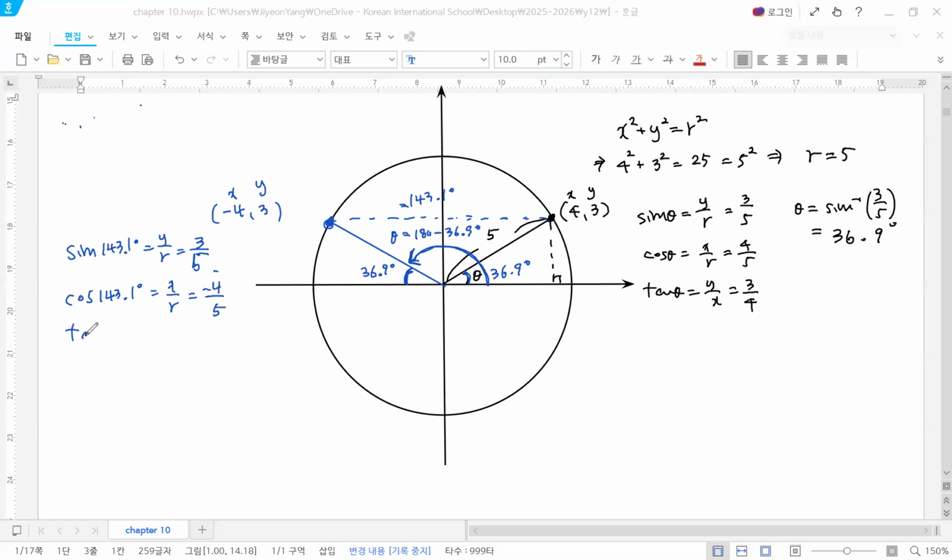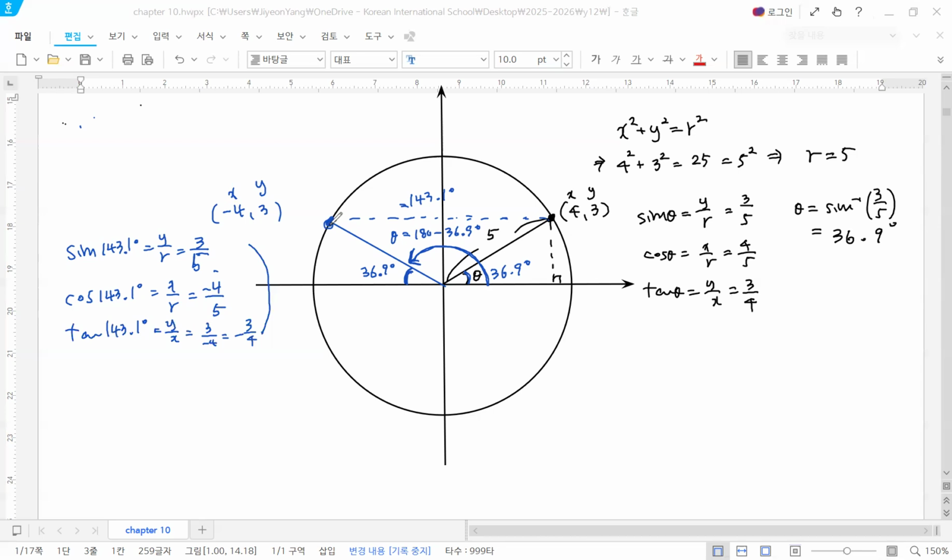And tangent 143.1 degrees is y over x, which means 3 over -4, so -3 over 4 is the value of the trigonometry regarding the angle 143.1 degrees.